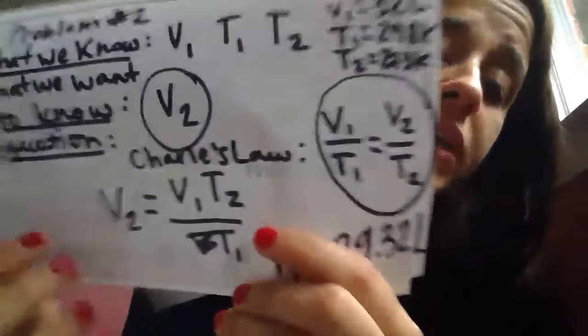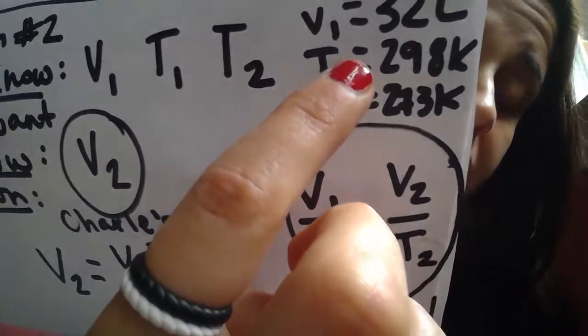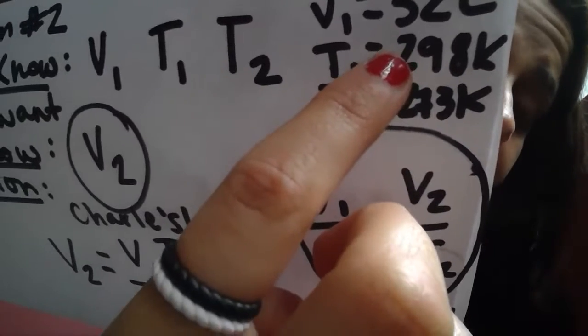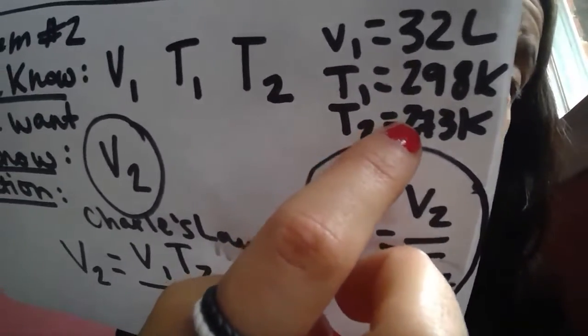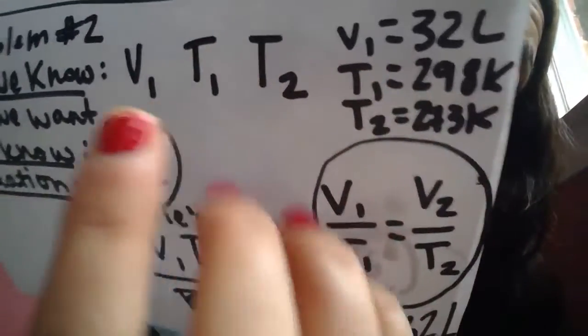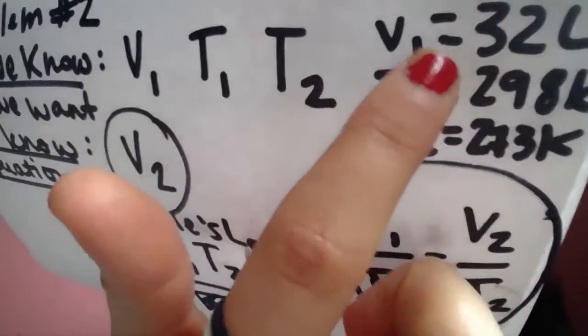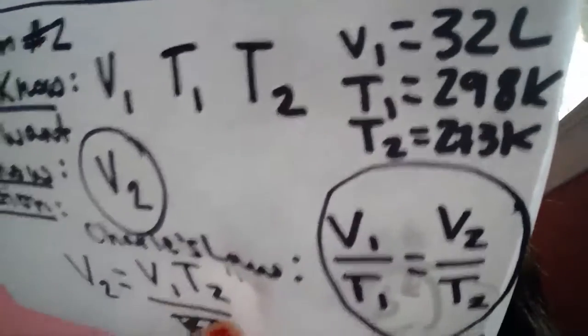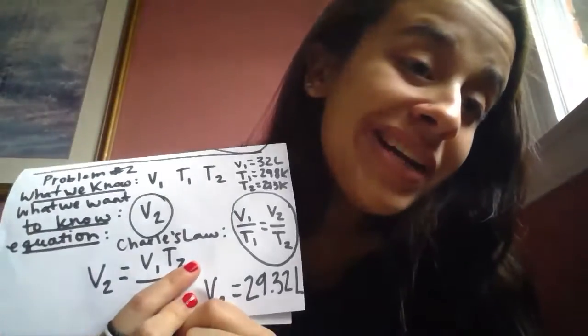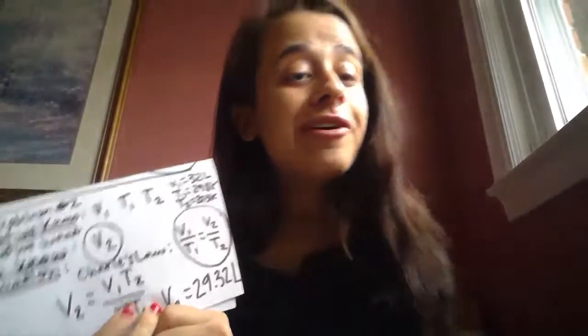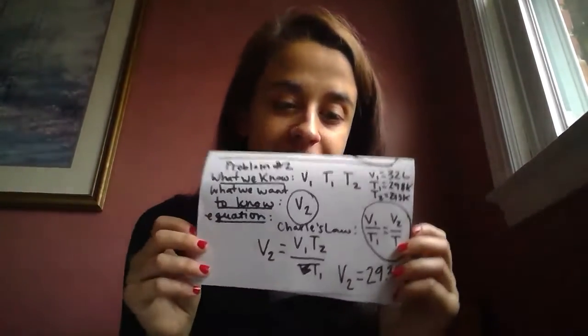In this problem, we go from 298 Kelvin to 273 Kelvin, so temperature is going down. We would expect volume to also go down, right? Volume goes from 32 to 29, and 29 is less than 32, so our volume is also going down, so we're all set there.